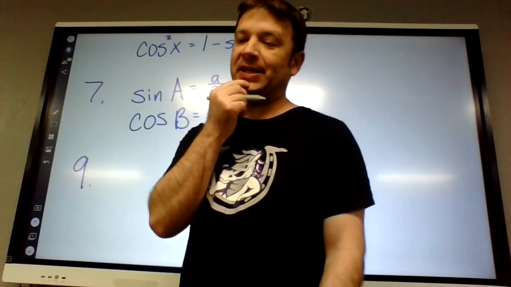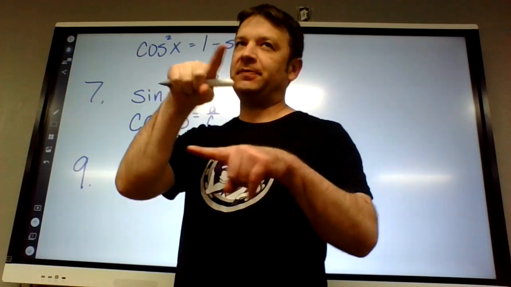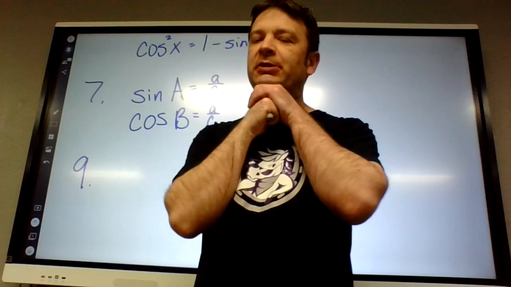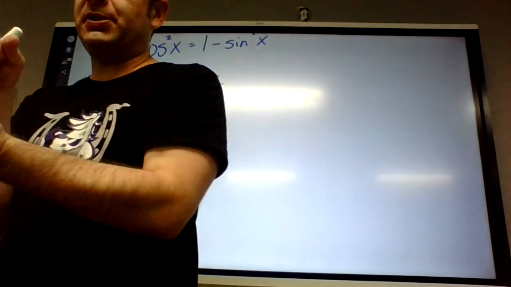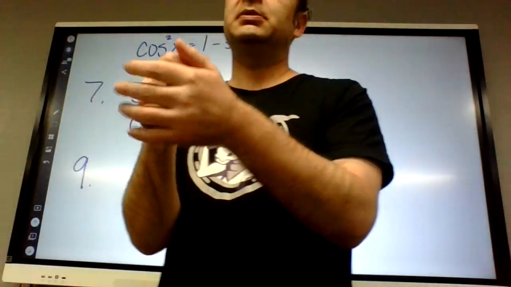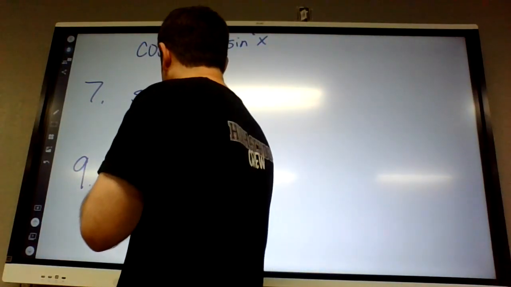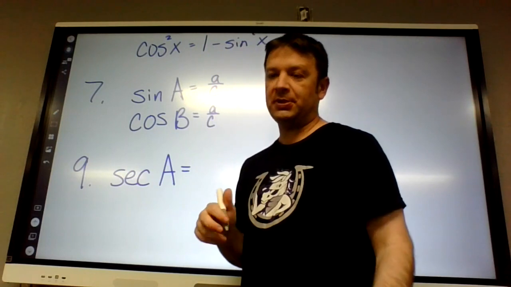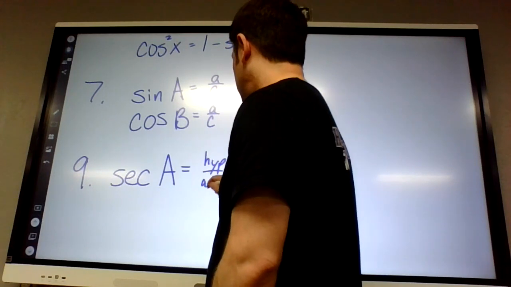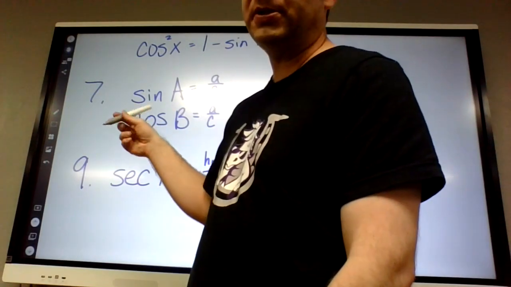Number 9, secant. Okay. What was secant the reciprocal of? You guys remember? Cosine. Cosine is adjacent over hypotenuse. So secant must be hypotenuse over adjacent. So what's the hypotenuse? C. What's adjacent to angle A? We're on angle A right now, number 9.